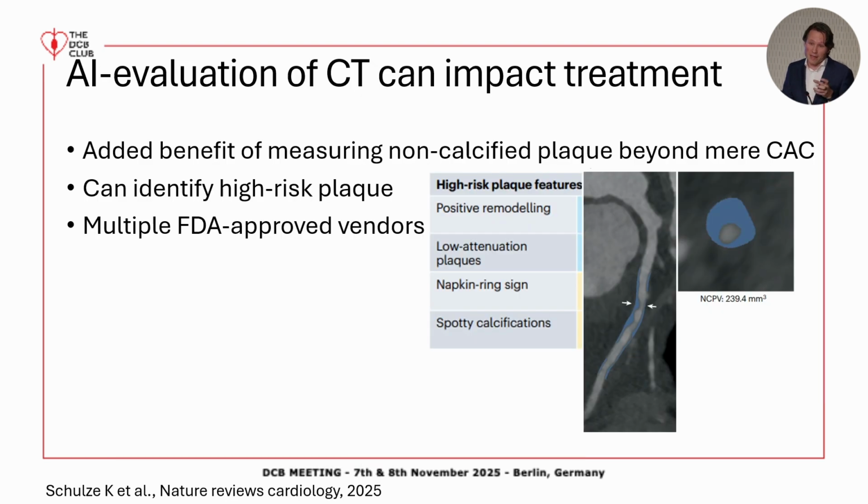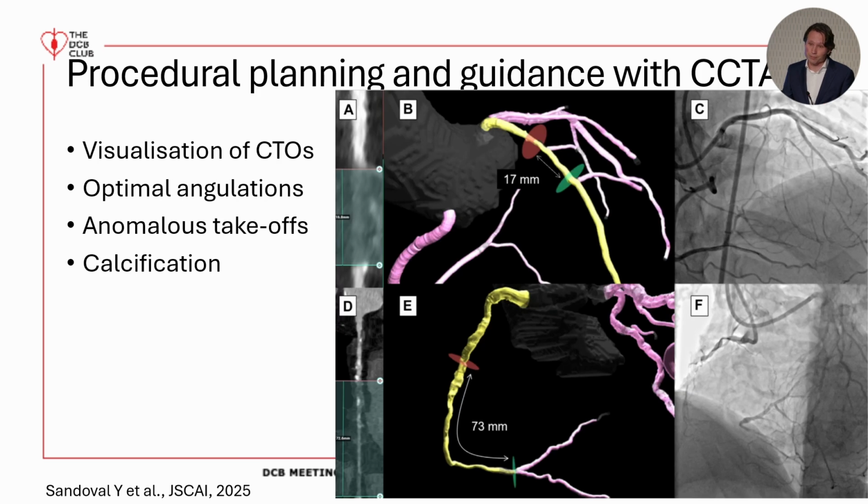Of course, having a better idea about the plaque composition before we even go into the procedure is very important. An AI evaluation of the CT can therefore impact treatment by having this idea of the entire plaque morphology. And there's already multiple FDA-approved vendors that offer these types of technologies.